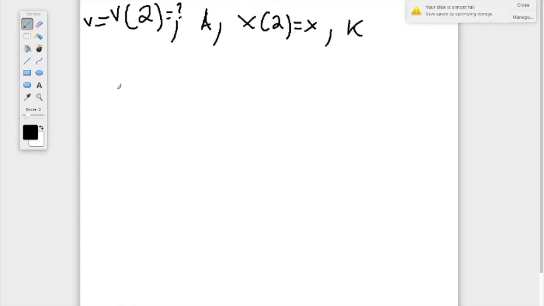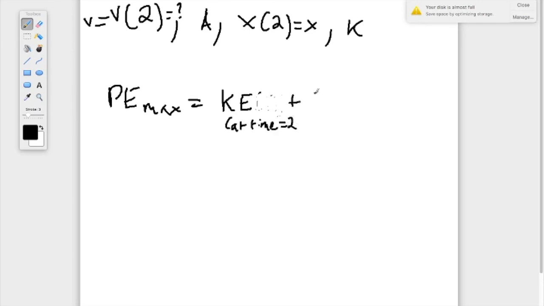So basically, we can use conservation of energy. We can do the potential energy max equals KE at time 2, and then this might look confusing, so let me rewrite this. The KE at time equals 2, plus the PE at time equals 2.